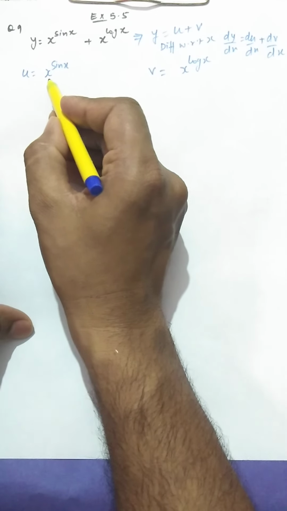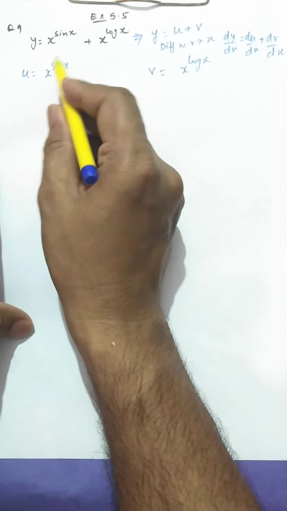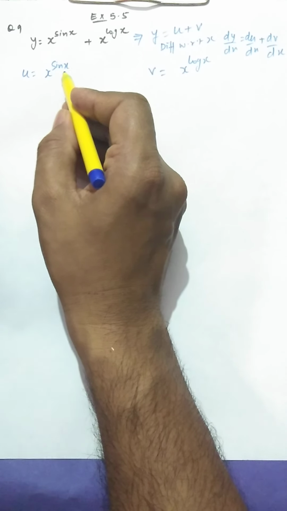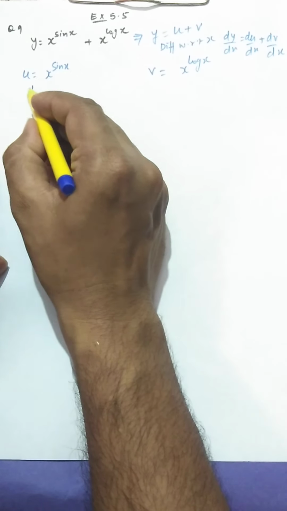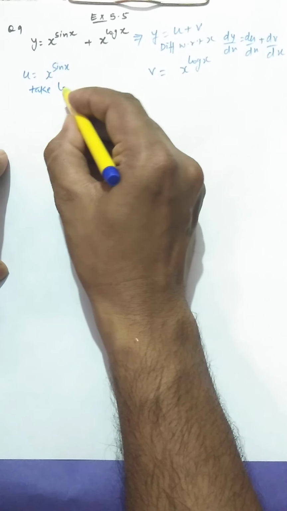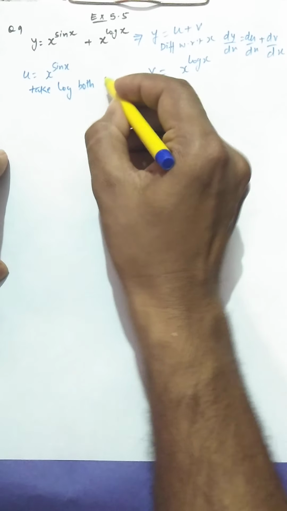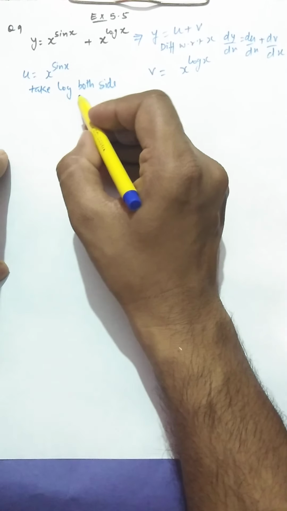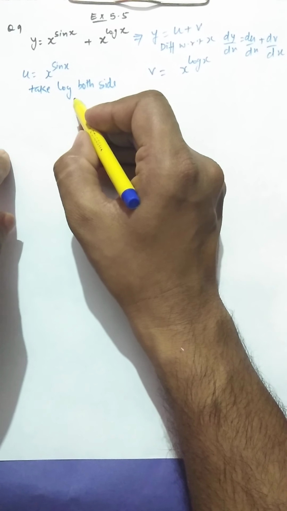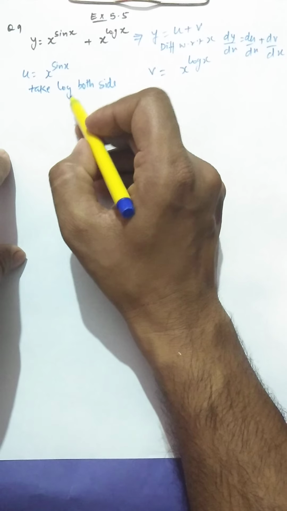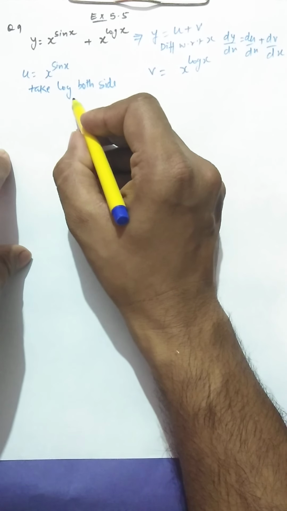Now you can see in this function, x is a function and the exponent is again a function. So it means we have to take log both sides. When we are saying just log, we are not mentioning the base. It simply means that we are talking about the natural log, so the base is e.